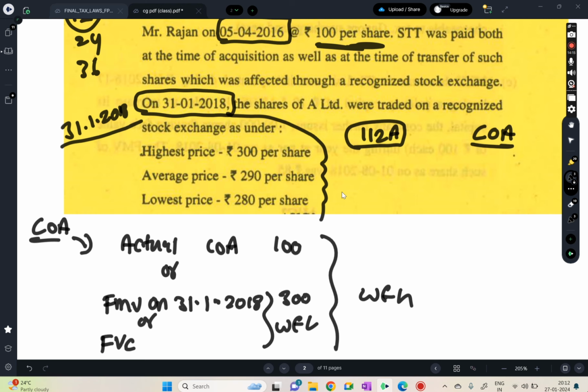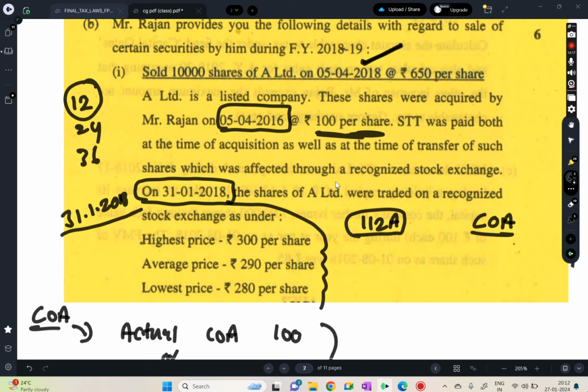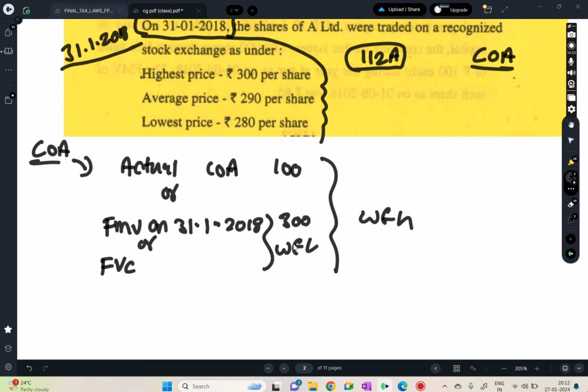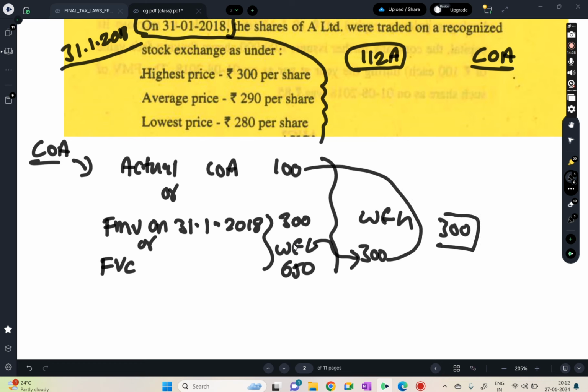What is FVC? At what price are we selling this? 650. So 650. We have to take whichever is lower, and in this one whichever is lower is 300. Then again you have to take whichever is higher, 300. So 300 is the cost of acquisition.